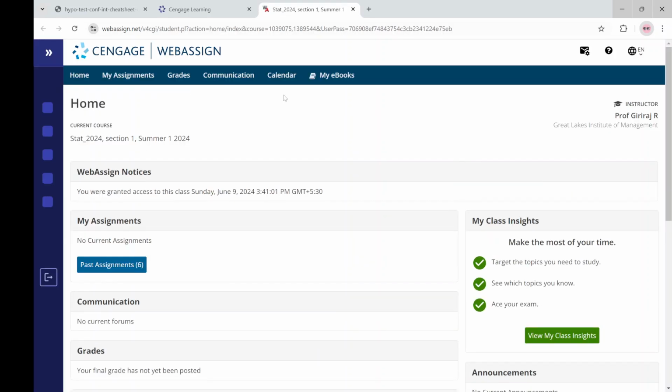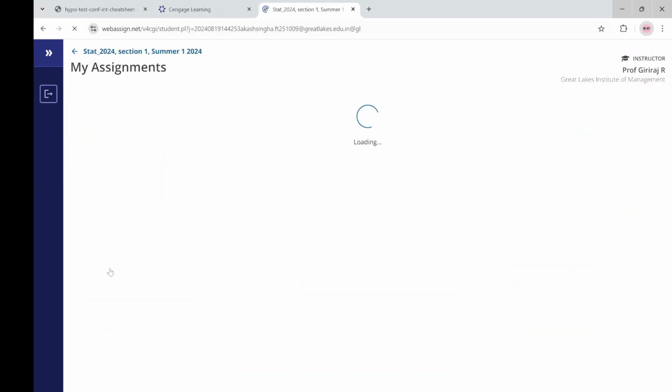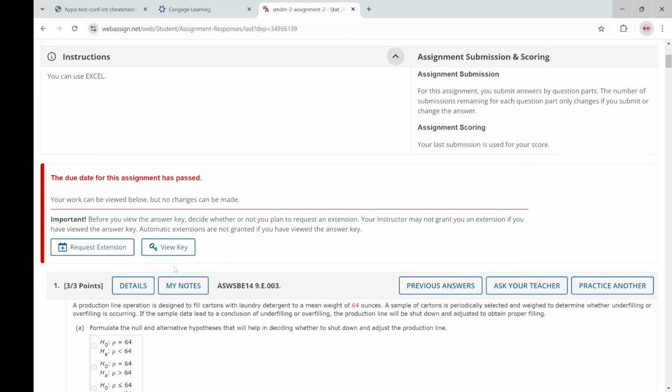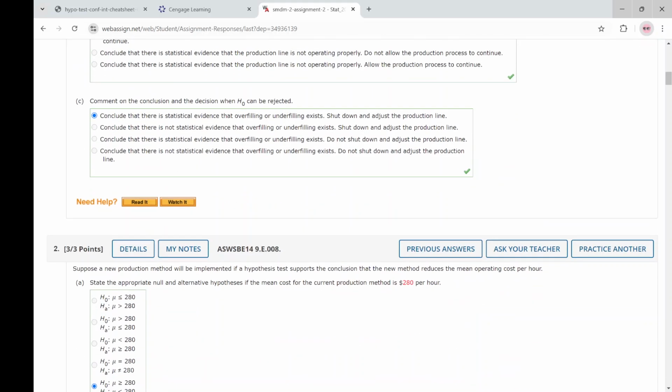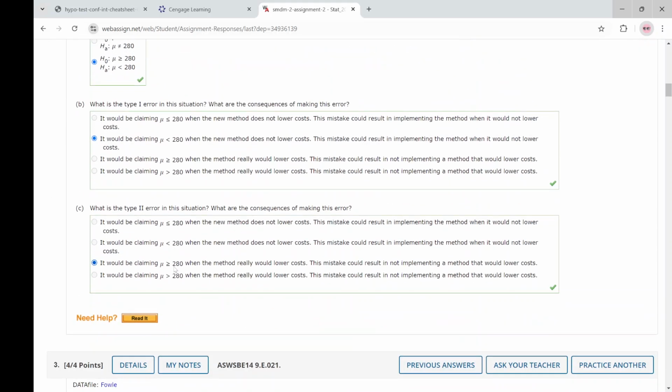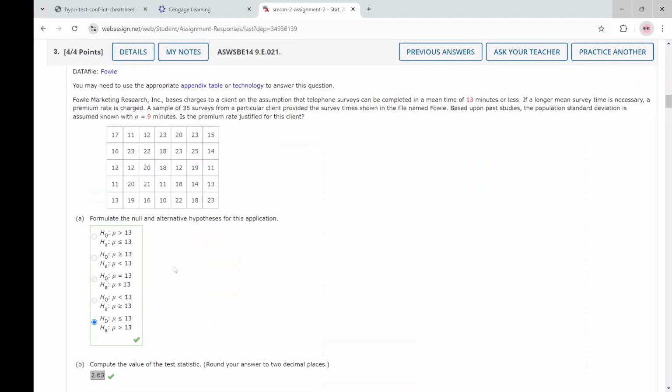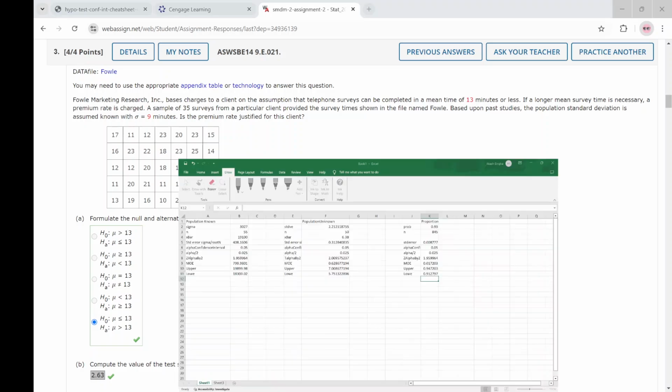Now I'll do the hypothesis things, all kinds like left tail, right tail, and two tailed. So for this one, where sigma is given, 9 minutes, 35 surveys.